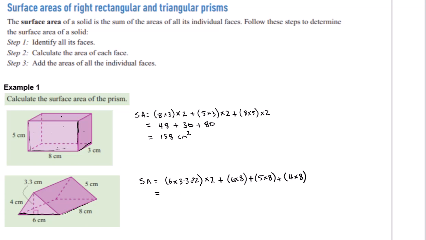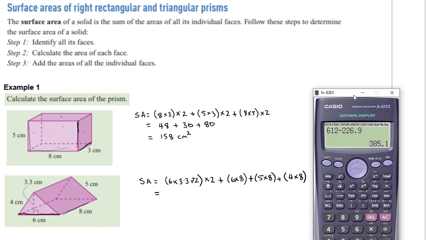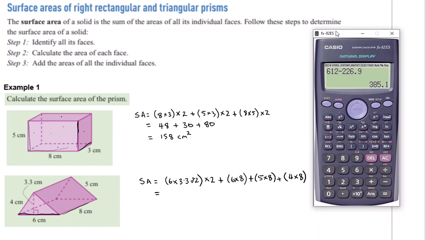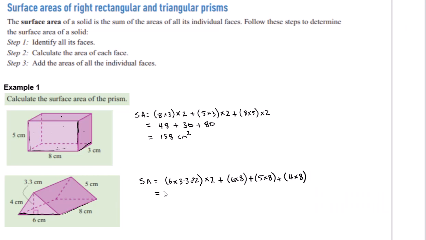I'm going to be a little lazy and use the calculator for this one. So we have 6 times 3.3 divided by 2 times by 2, they just cancel each other out, plus 6 times 8 plus 5 times 8 plus 4 times 8 equals 139.8. 139.8 centimeters squared.